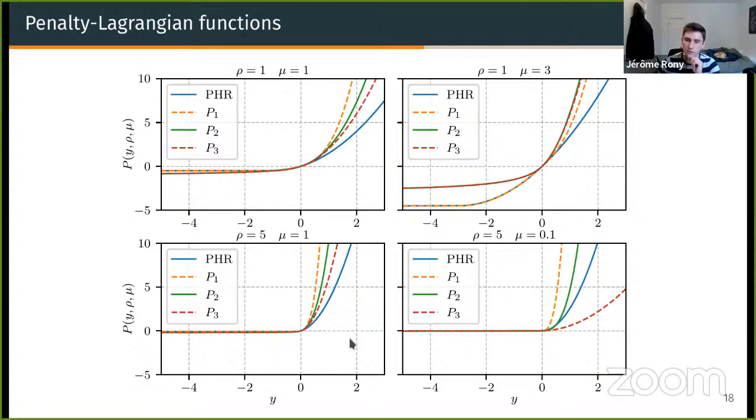And if you increase rho, the penalty tends to an ideal penalty. So if you take rho very high, you get almost an ideal penalty here. And if you take a rho that's very low, you almost get something linear. So there's this whole spectrum of functions in between, and that's what you use to minimize your problem.